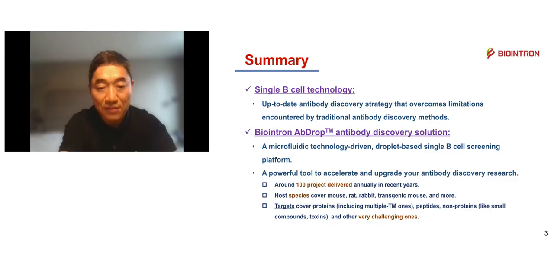We have been very successful with secreted proteins like cytokines, single transmembrane proteins, multiple transmembrane proteins like CD20, and seven-time transmembrane proteins like GPCRs, and many more. The targets also cover small peptides and non-proteins like small compound toxins.